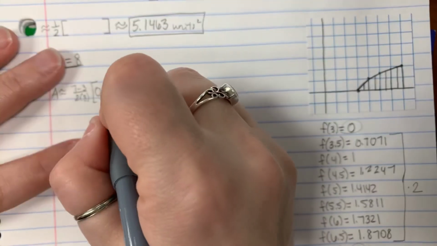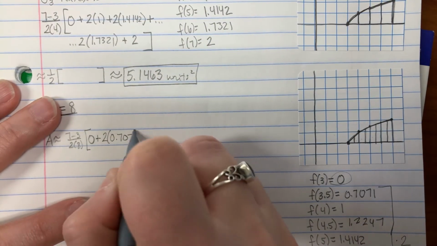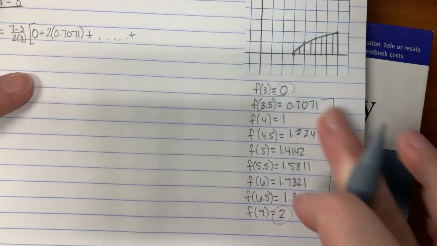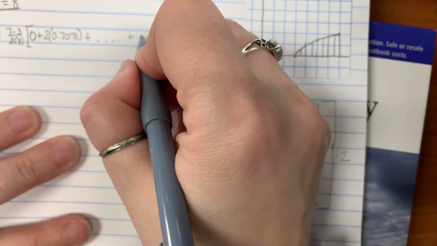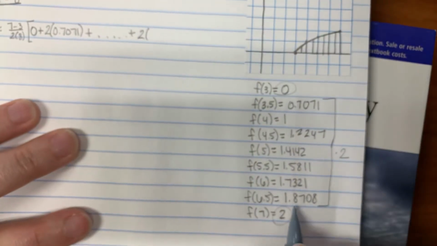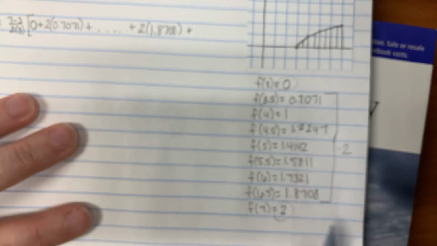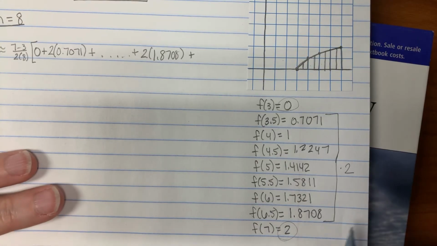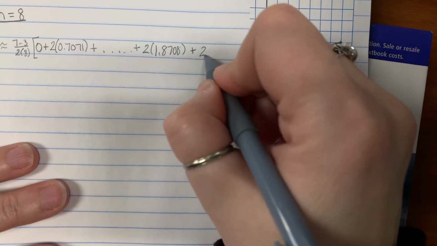Okay, so I've got 2 times 0.7071 plus, and I'm going to just do all of those in between there, 2 times all of these things. So let me write my second to last one there. 2 times 1.8708. Sorry about that, guys. And then plus my last one, which was just 2.